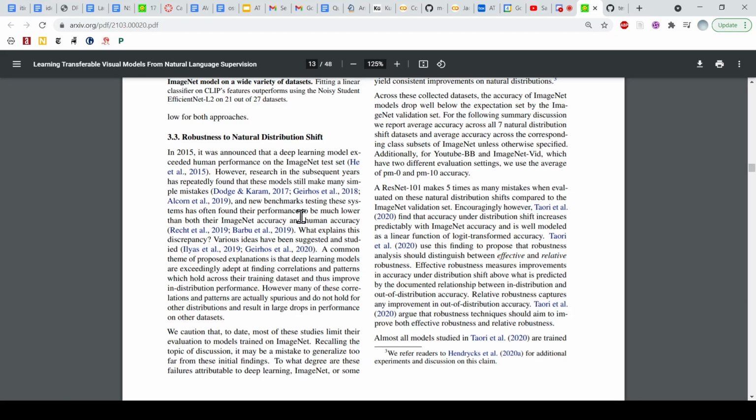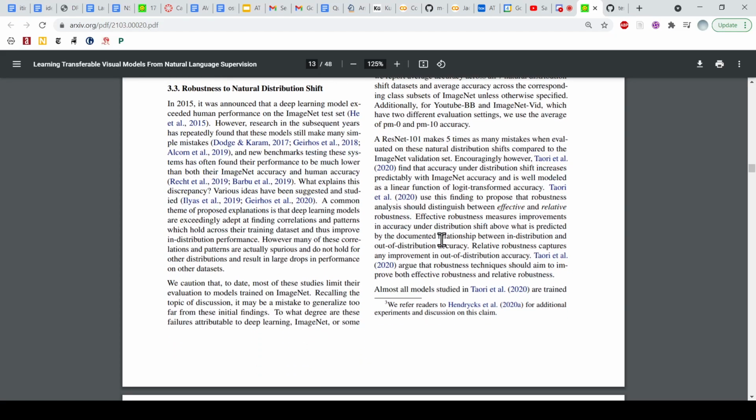New benchmark testing these systems has found their performance to be much lower than both their ImageNet accuracy and human accuracy. A common theme of proposed explanations is that deep learning models are exceedingly adept at finding correlation in patterns which hold across their training data set and improve in distribution performance. But a lot of these patterns are spurious and don't hold for other distributions.